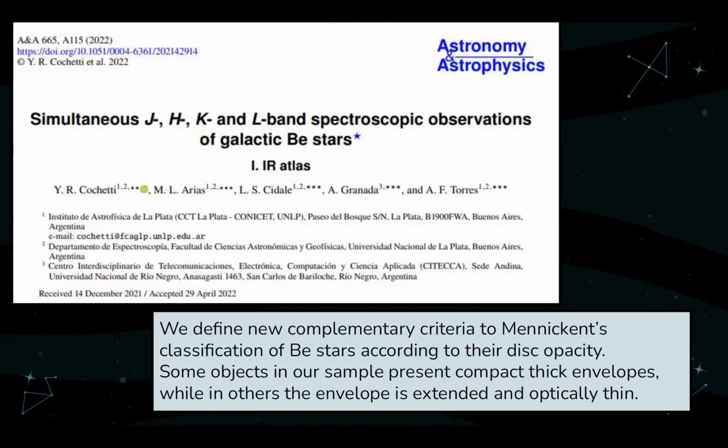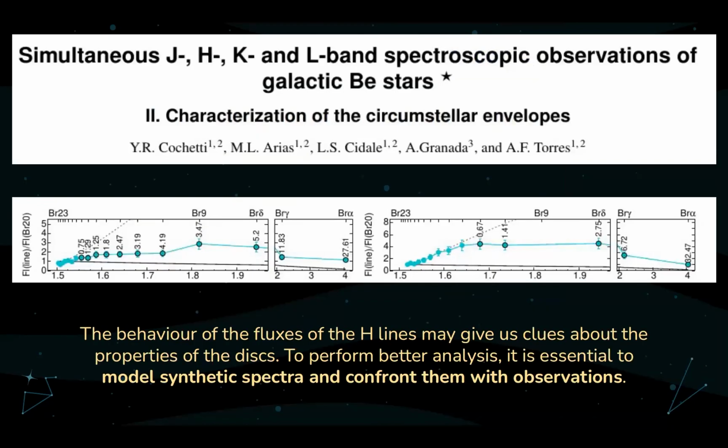So as a summary, we define new complementary criteria to Mennickent's, and some objects present an optically thin and others an optically thick envelope. Once we have that, we started to work more deeply on the characterization of each envelope.